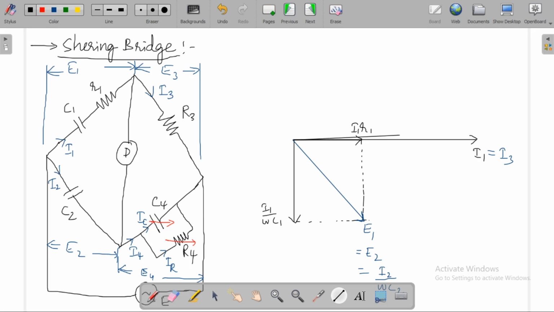So this will be E3, which is equal to E4. What is E4? E4 is equal to IR into R4.